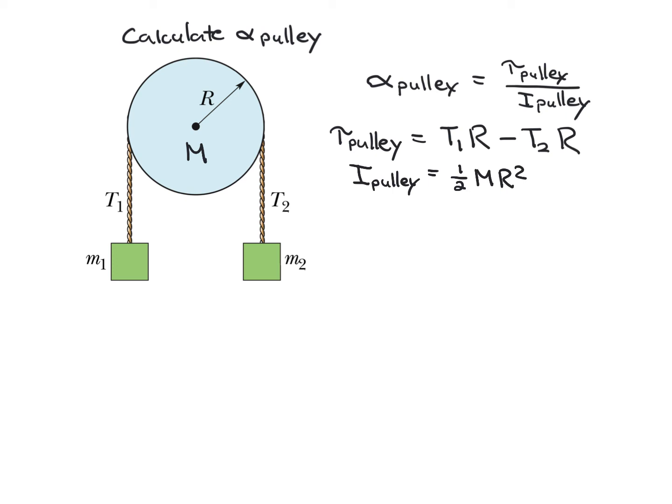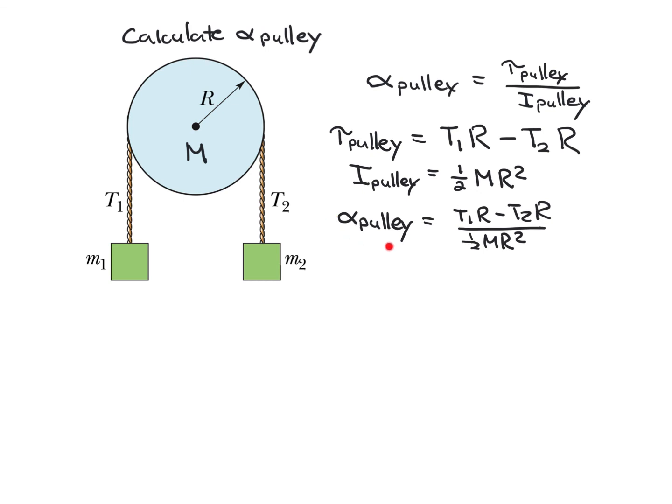So putting these last two results into the rotational analog to Newton's second law, that tells us that the angular acceleration of the pulley is just equal to T1r minus T2r divided by 1/2 Mr squared.